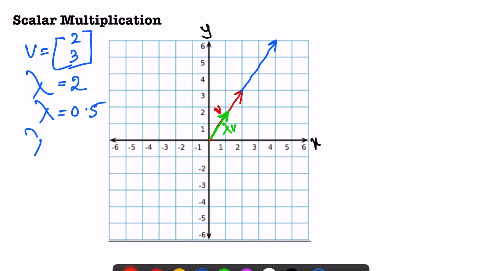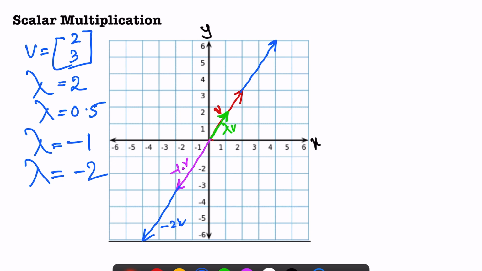Now consider if lambda is -1. In that case the vector will be flipped, right? So this is -1v. If lambda is, let's say, -2, the vector will be flipped first, then stretched. This is -2v.